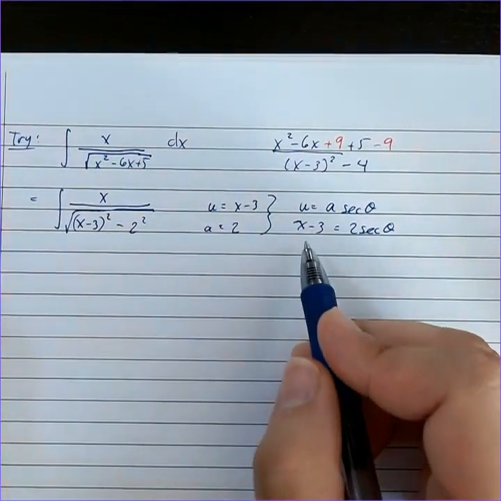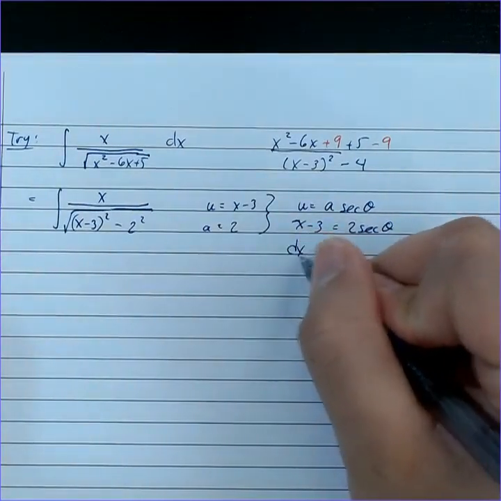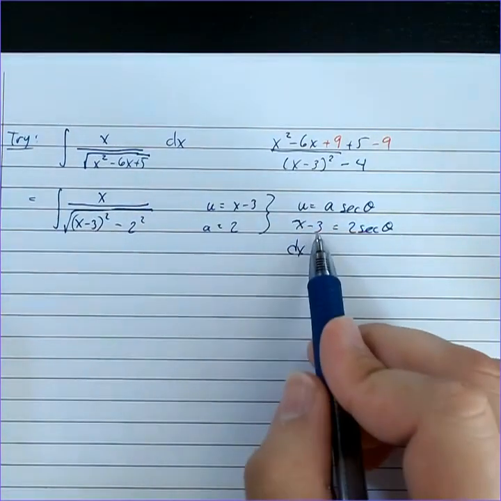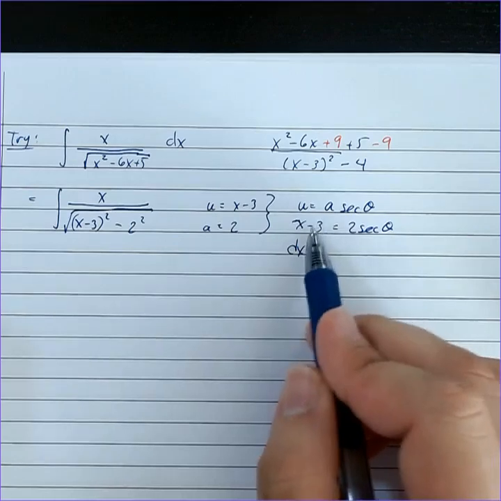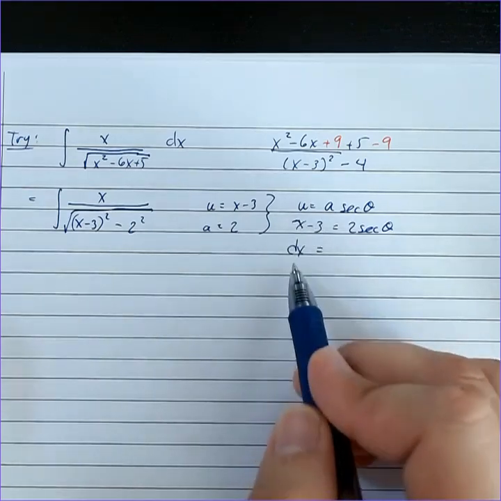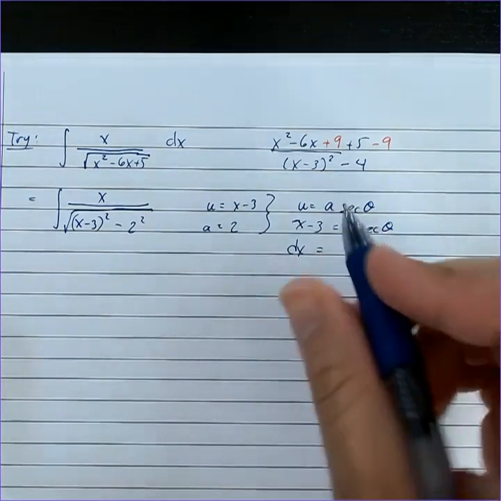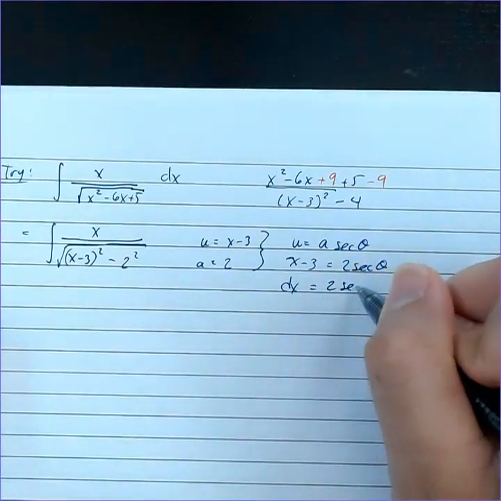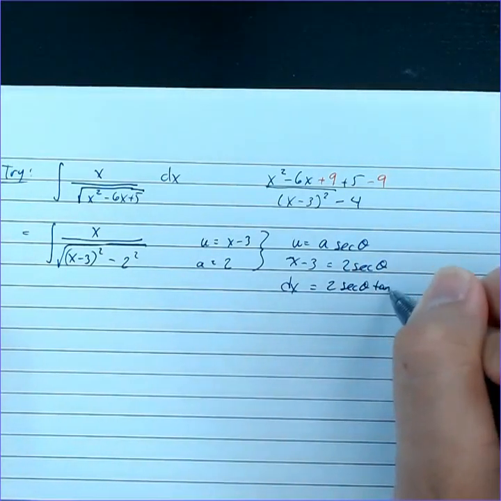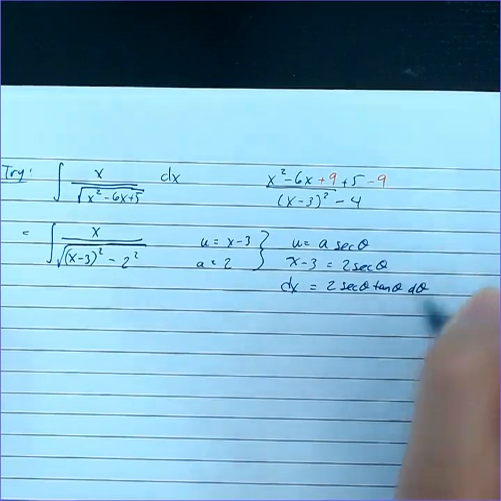Here we can find our differential. Note the derivative of a constant is 0, so that part won't bother us. This would be dx is equal to the derivative of 2 secant of theta, which is 2 secant of theta tangent of theta d theta. That's our differential.